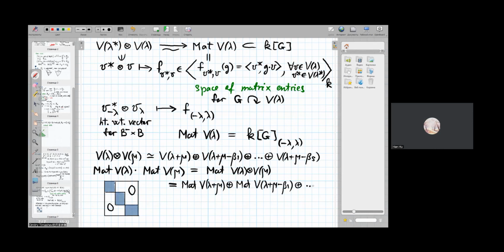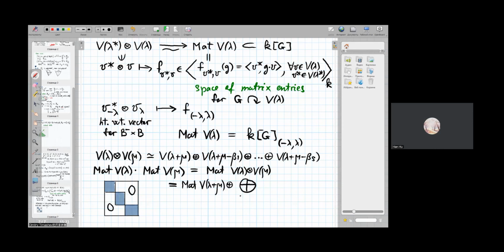Plus, etc. Well, maybe it's better to write it differently, because there may occur repetitions in this set of beta j's, and when you take functions on the group, when you take matrix entries, it suffices to take only distinct beta j's.